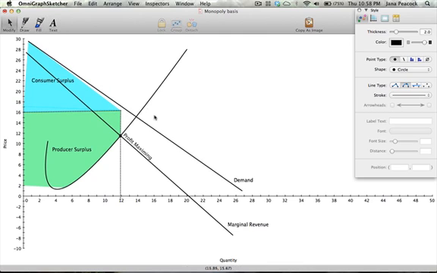And we have a little nub over here that is not covered, and that little nub is between what's our monopoly supply curve, the most the monopoly is willing to supply, and our demand curve. If you were going to produce the socially efficient amount, you would produce right here where MC equals demand.